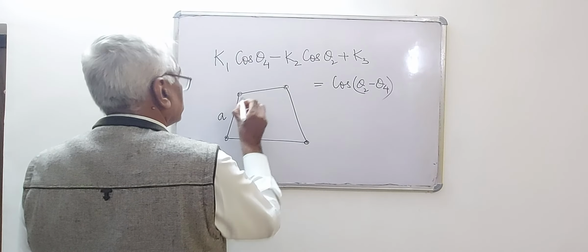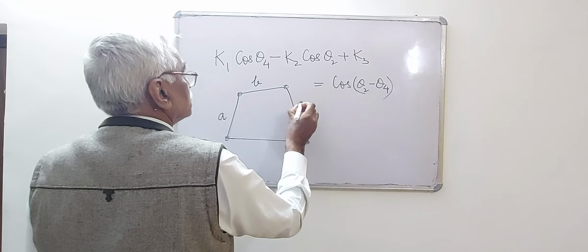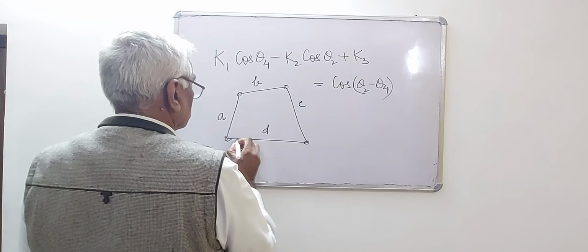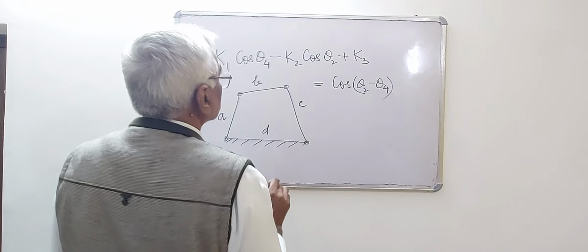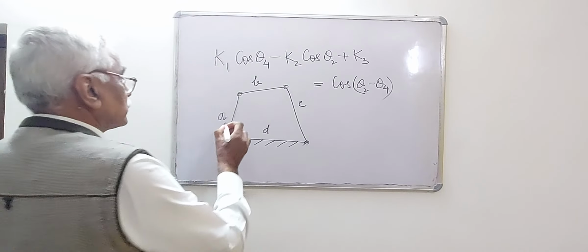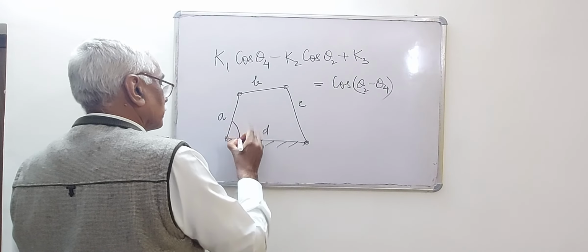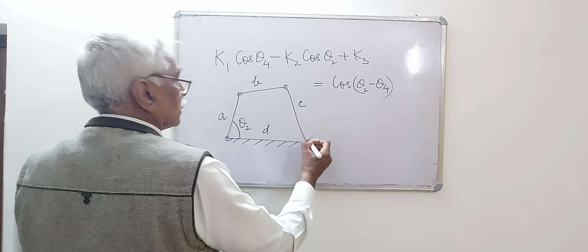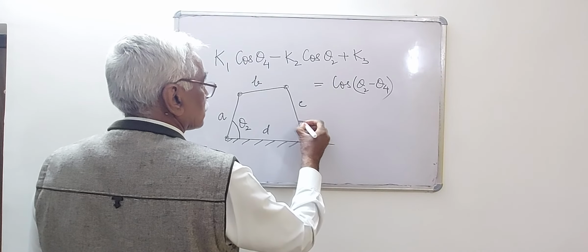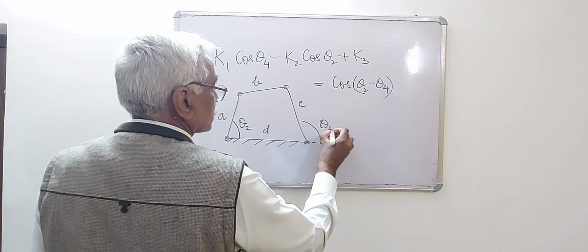So this arm is A, this arm is B, this arm is C, this arm is D. This angle is known as input link angle, theta 2, and this angle is known as output link angle, theta 4.